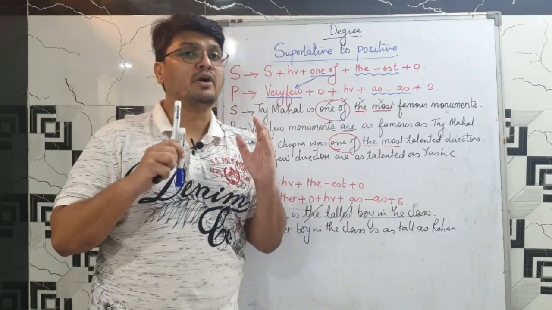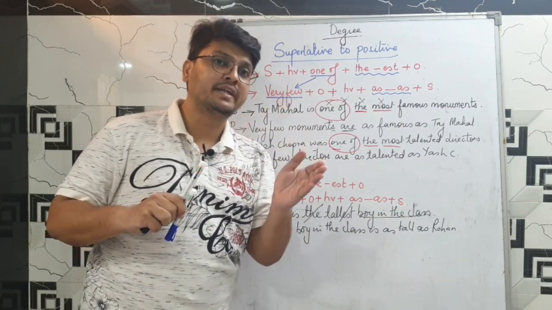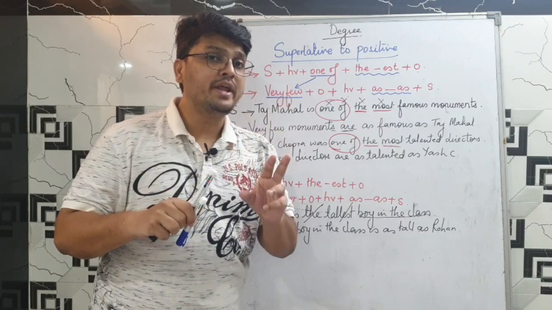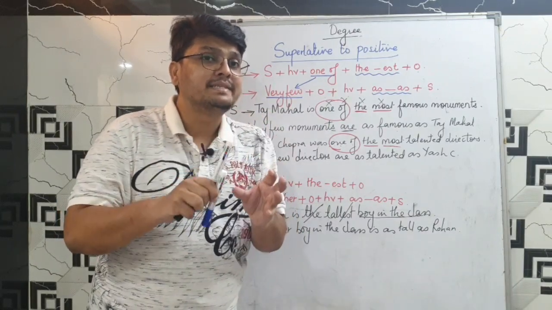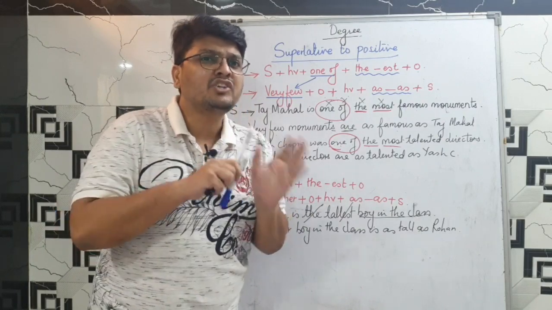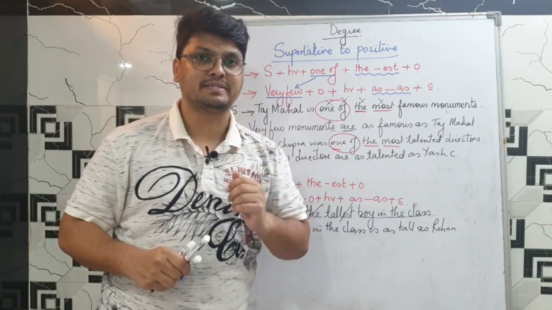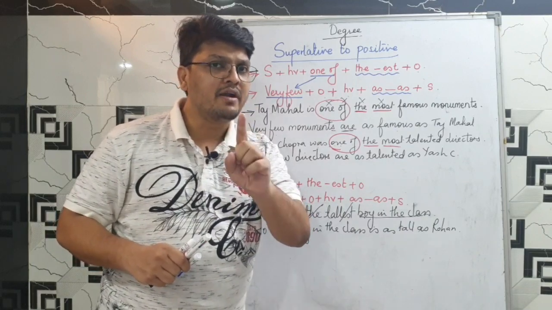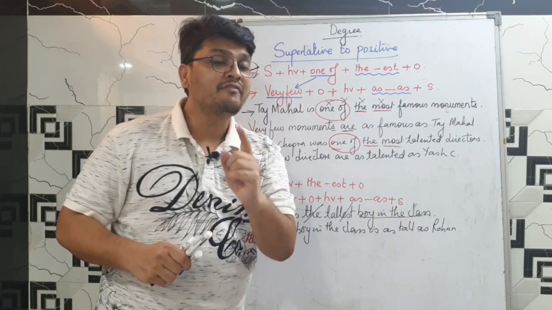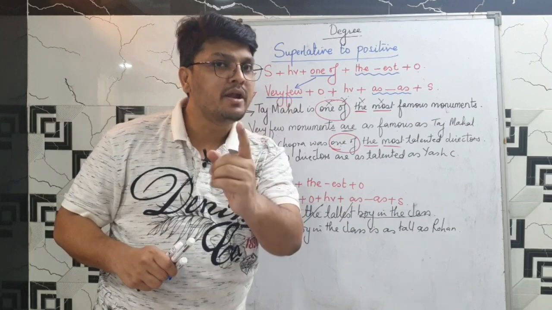Yesterday I taught you positive to comparative. Today we studied comparative to positive and superlative to positive. In these two videos, I have covered those examples which are likely to be asked in the board examination. Such types of examples are asked by the paper setter. So don't get baffled when they come. Practice more so that whatever sentence comes on degree of comparison, you should be able to answer it.